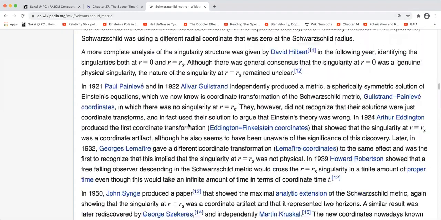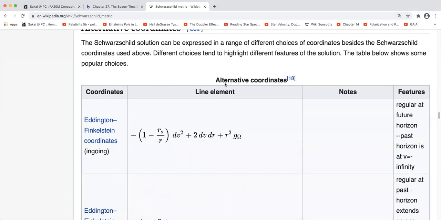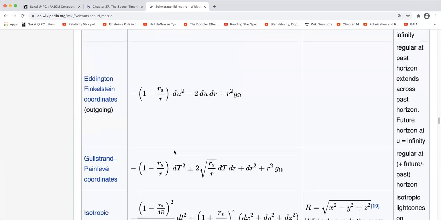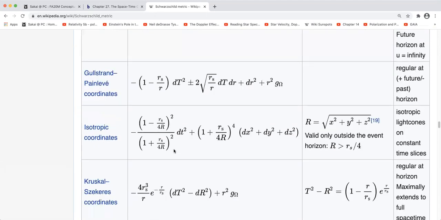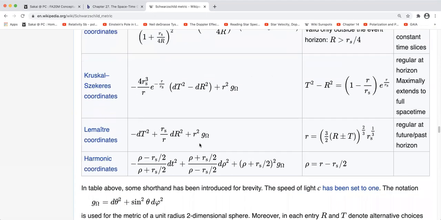If you scroll down, you'll see that you can write alternative metrics using different coordinates. All right, so you can go with the Schwarzschild metric, or you can go with the Eddington-Finkelstein coordinates. You can go with these other coordinates, and each of these sets of coordinates has its usefulness.